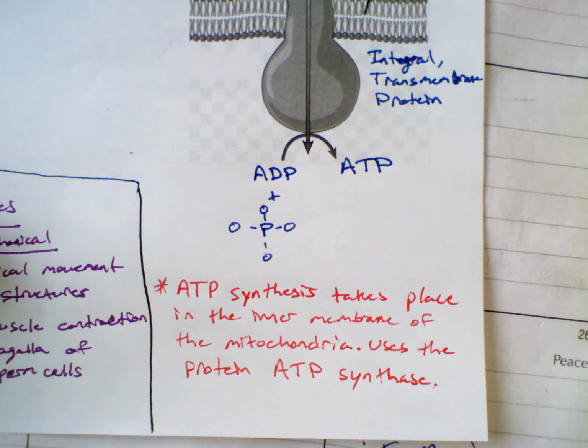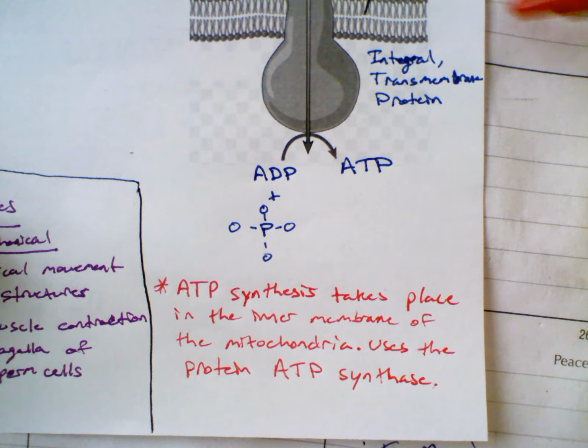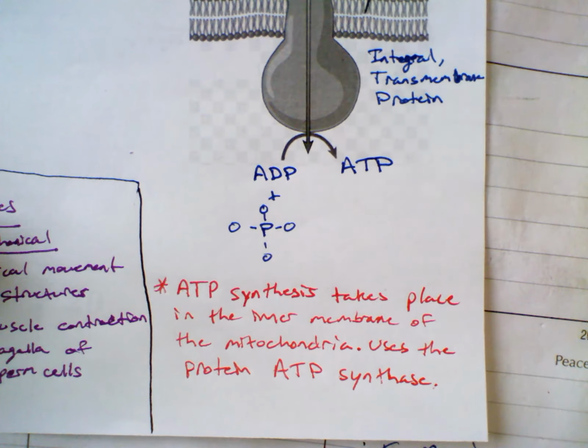And then we got into where it's made. So we're looking in the mitochondria, we're looking at the inner membrane of the mitochondria, and it's formed using this protein within the inner membrane of the mitochondria, which is called ATP synthase. So think of ATP synthase sounding kind of like ATP synthesis. That's what occurs there.